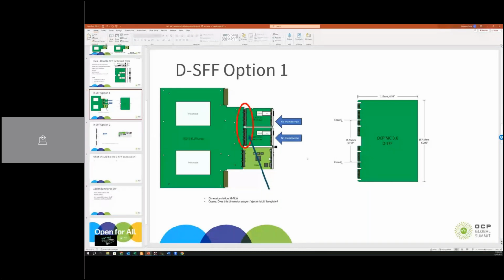We need to wade through the system constraints and goals that went into the current HPM specs and the resulting constraints on the OCP NIC in particular, on the different HPM form factors, right? There's a very specific set of reasons why the FLW spec only supports the pitch for the internal latch version.